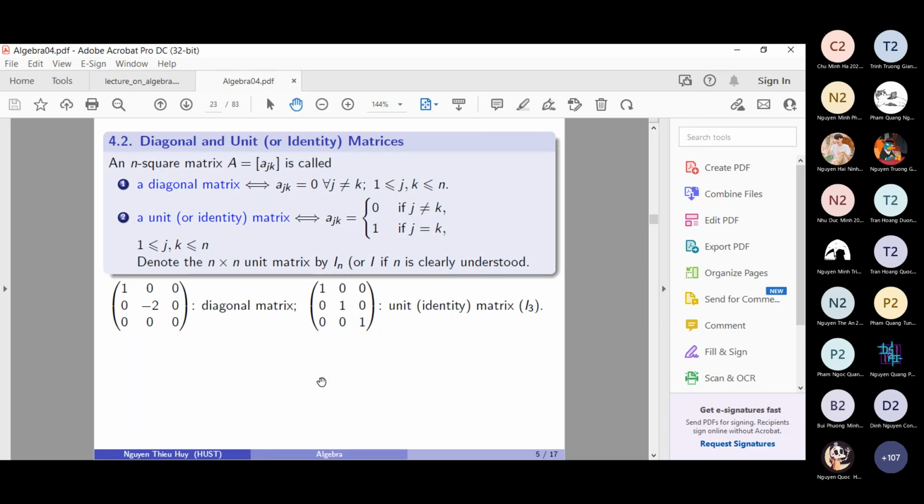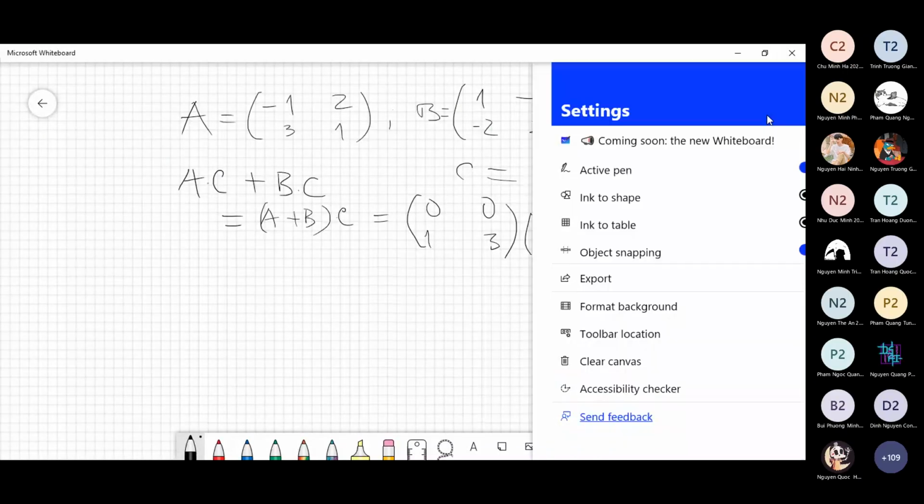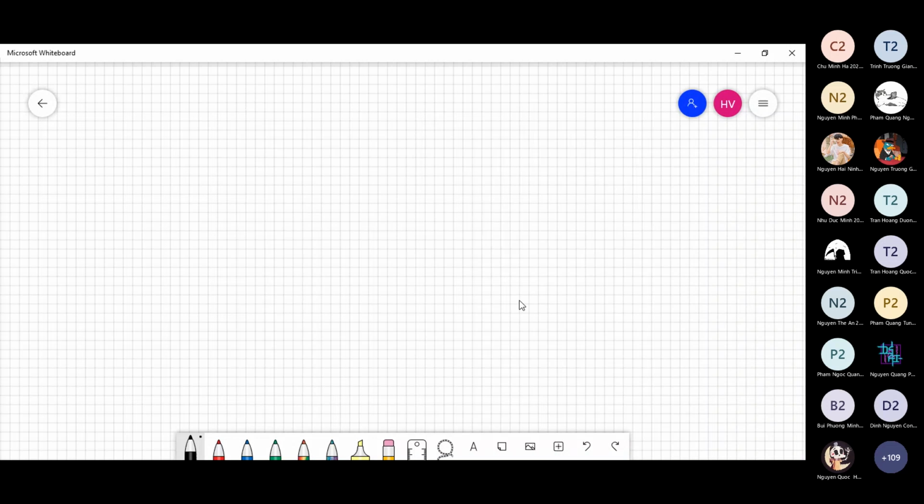Good. And now let me tell you why this is called identity, because let me show you on the whiteboard. So let me consider A, which is an m by n matrix.